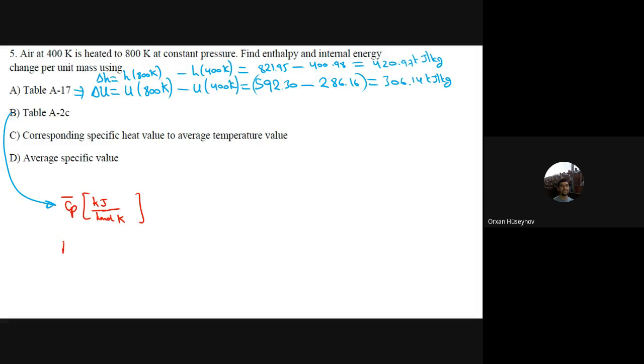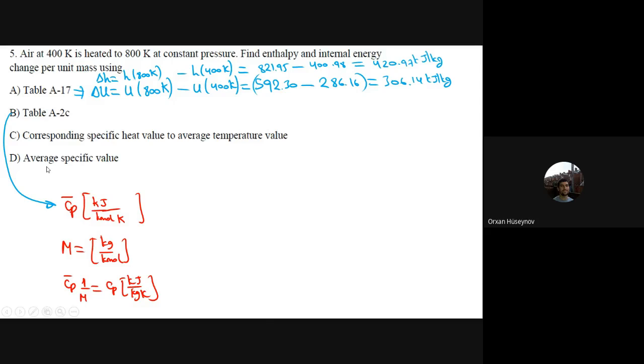That molar mass has a unit of kilogram per kilomole. If I multiply the Cp bar with 1 over the molar mass, you will get the Cp that we know with the unit of kilojoules per kilogram Kelvin. This is the Cp value.